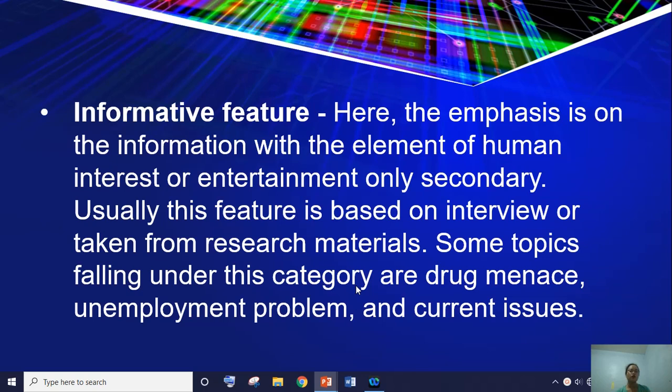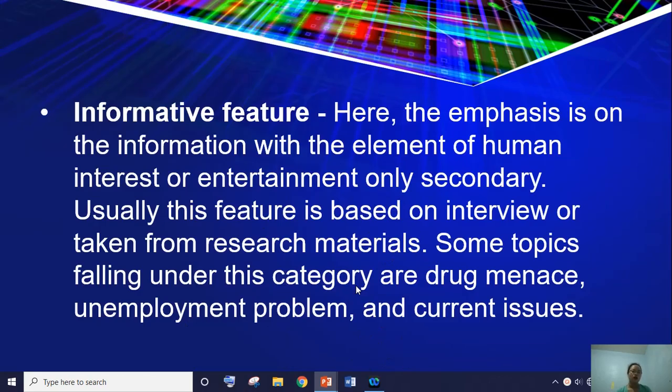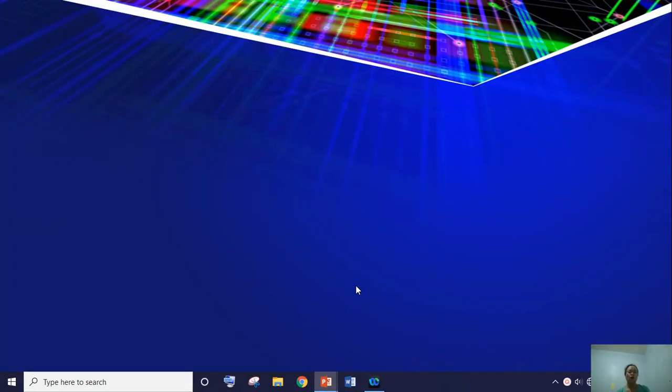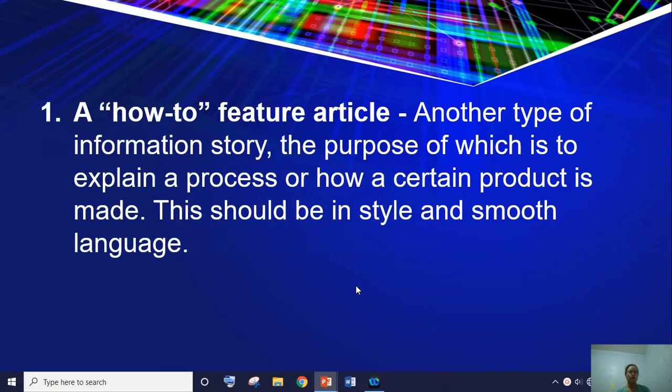Usually, this feature is based on interviews or taken from research materials. Some topics falling under this category are drug menace, unemployment problem, and current issues. So, from the word itself, informative feature, it gives information about a certain problem or current issues.